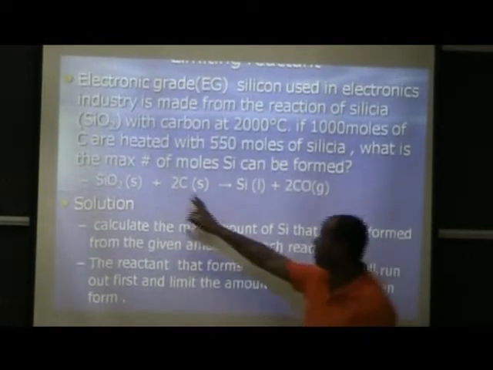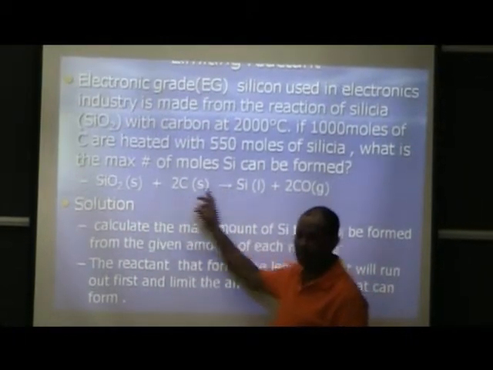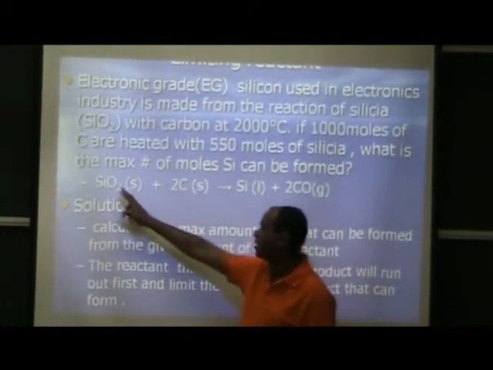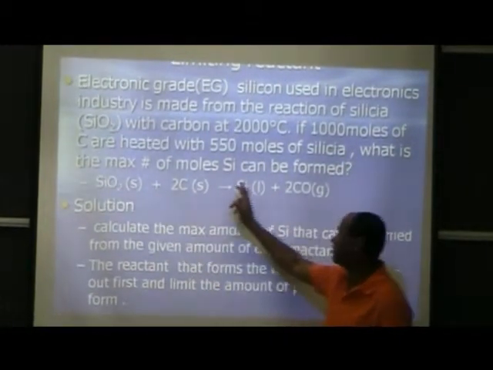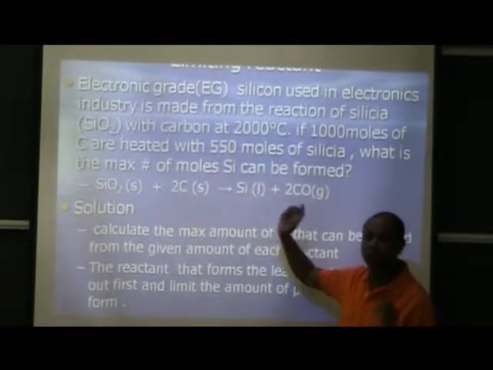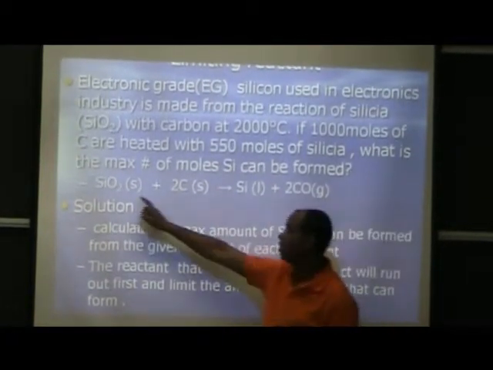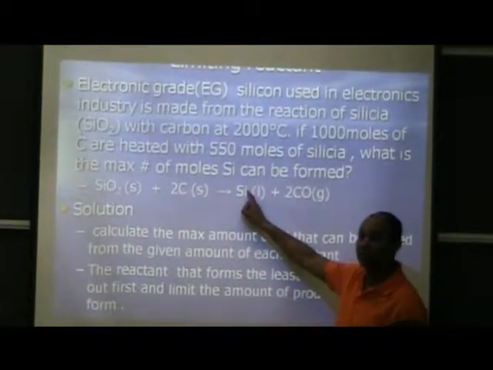The mole ratio tells me that every 1 mole of silicon dioxide provides me 1 mole of silicon. The ratio is 1 to 1. Every 1 mole of silica provides me 1 mole of silicon.